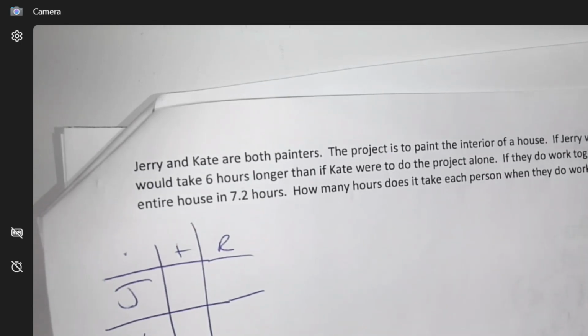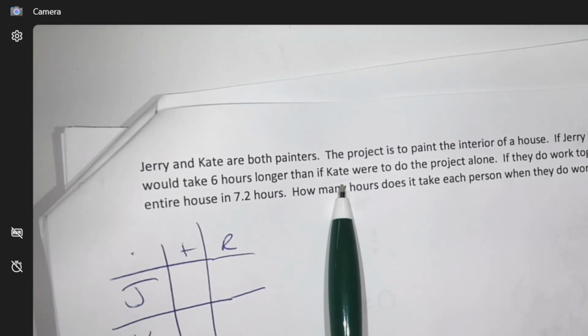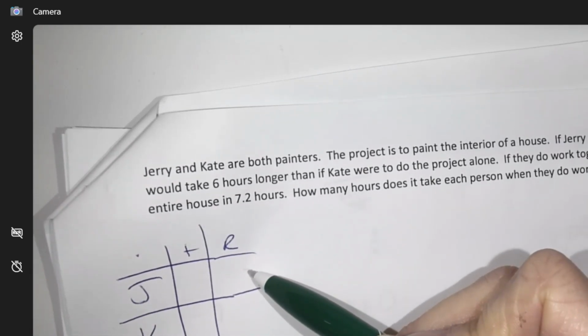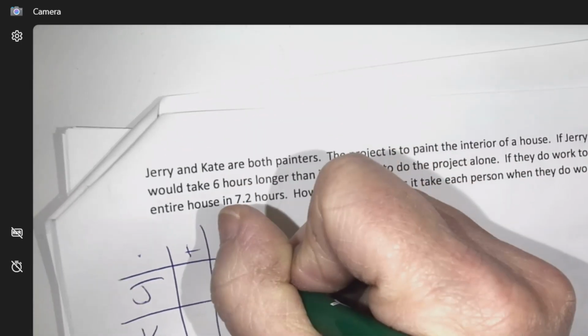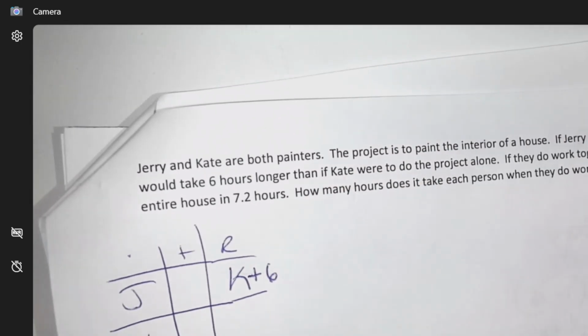So if Jerry were to paint alone, so Jerry's rate, he would be 6 hours longer than Kate. So I'm going to go to Jerry's rate, and what am I going to write? 6 hours longer than Kate. How does that seem?